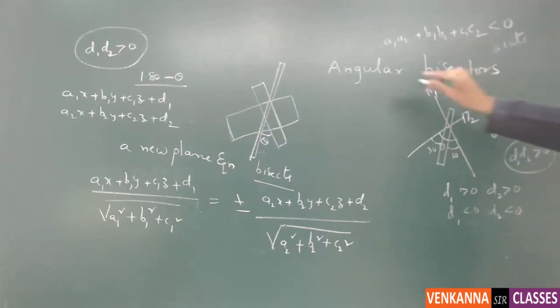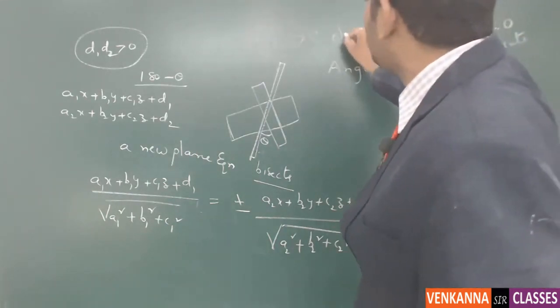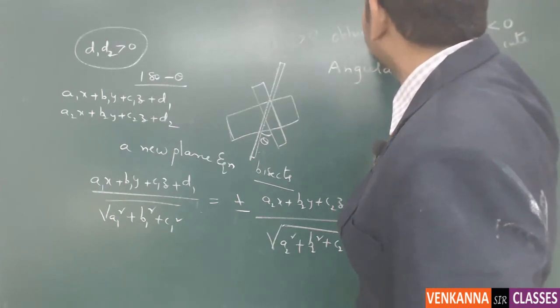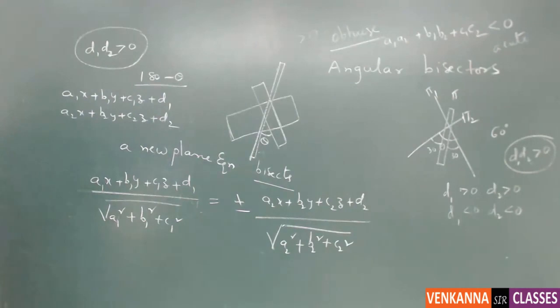If the value is positive, origin lies on the obtuse angle side. Fine. If the value is positive, origin lies on the obtuse angle. If the value is negative, origin lies on the acute angle side. Clear?